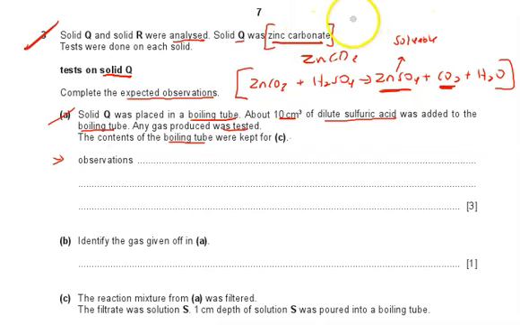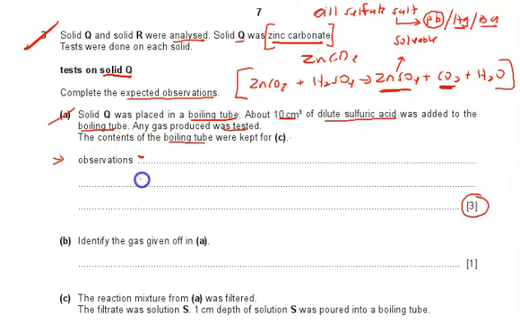Okay, please remember that all sulfate salts are soluble except for plumbum sulfate, mercury, and also barium. So these three, they are not soluble.